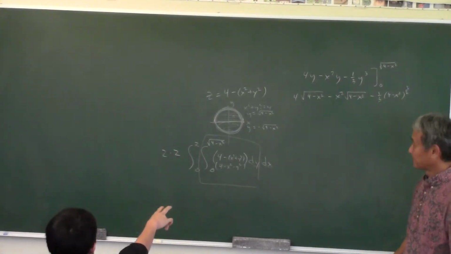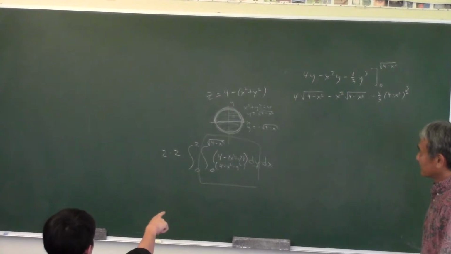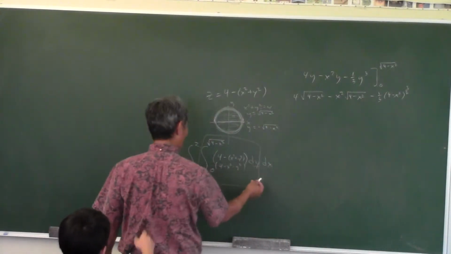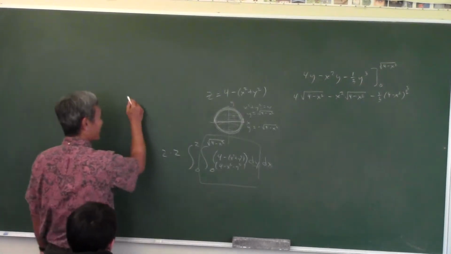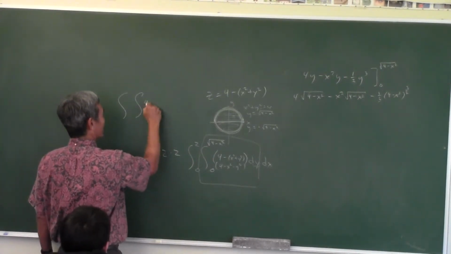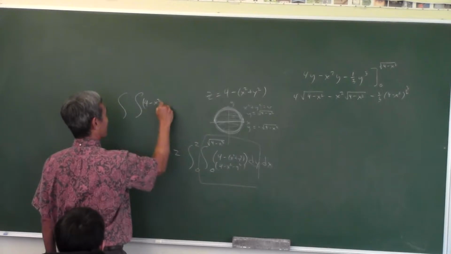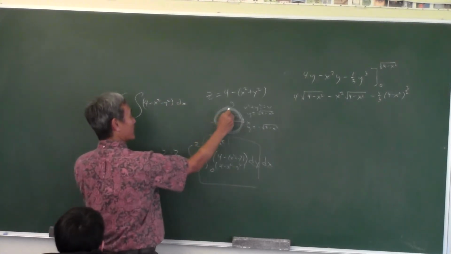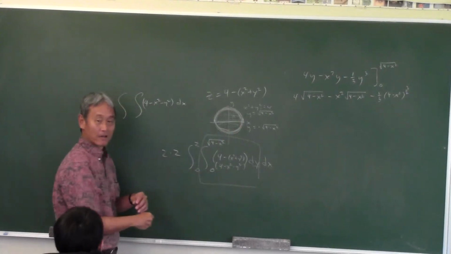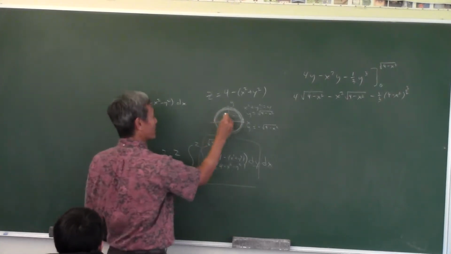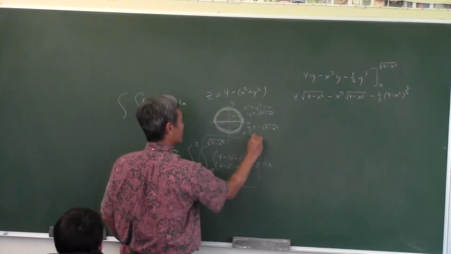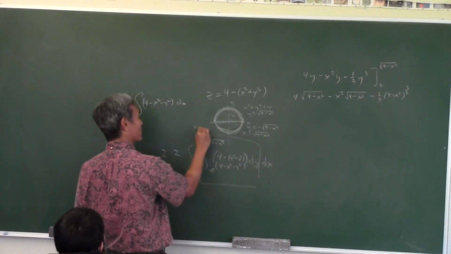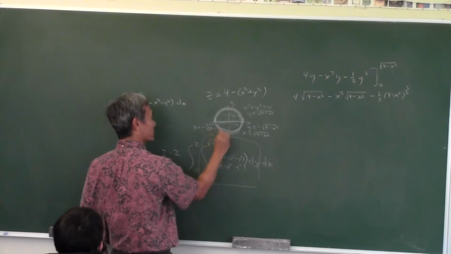If you were to do dx dy instead of dy dx, you would integrate with respect to x first, so you gotta solve for x. This would be x equals root 4 minus y squared, and this half would be x equals negative root 4 minus y squared.